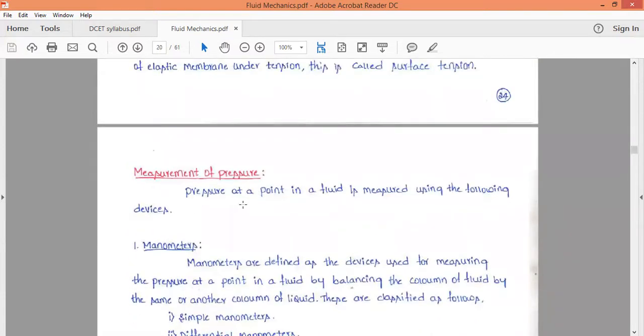Okay. Now another property is the pressure. Pressure is nothing but the force acting per unit area.